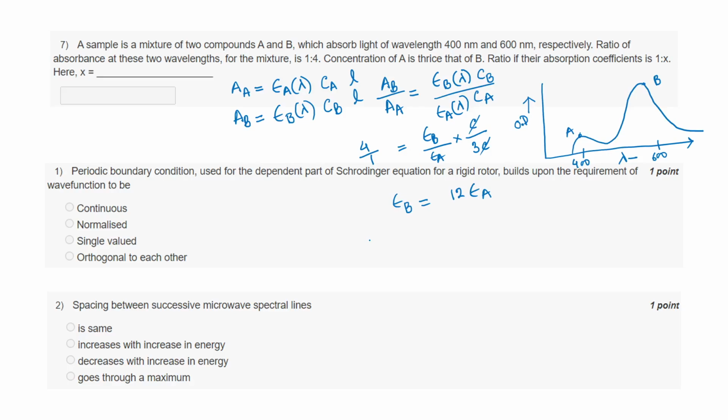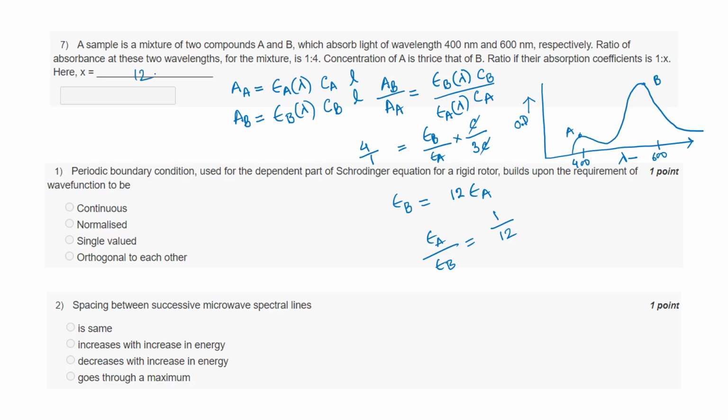So what information does it give? The ratio of their absorption coefficients, or molar absorption coefficients, right? So they would write epsilon A by epsilon B, that would be 1 over 12, right? Epsilon A by epsilon B is 1 over 12.